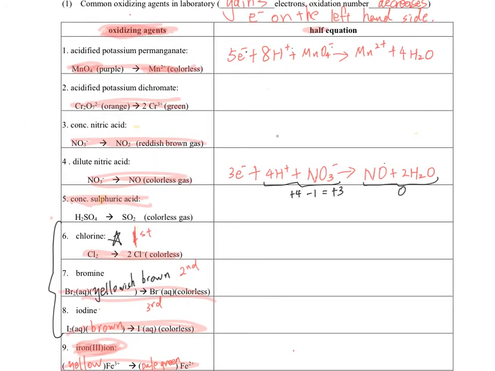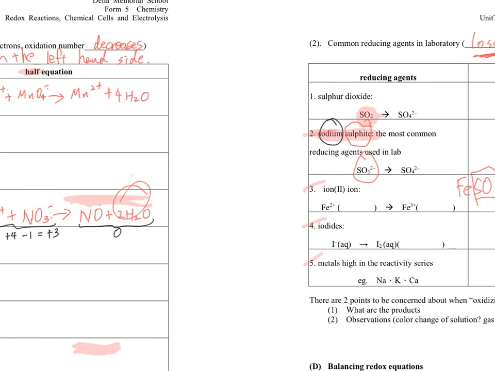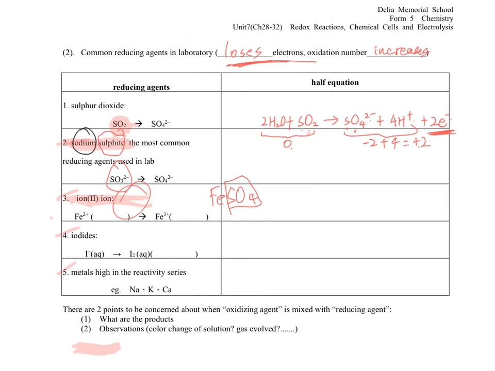This one is acid. So it's not the same as sulfate ion. So sulfate ion will not be involved in the reaction. Instead, iron 2 will be the reducing agent which is involved in the reaction.